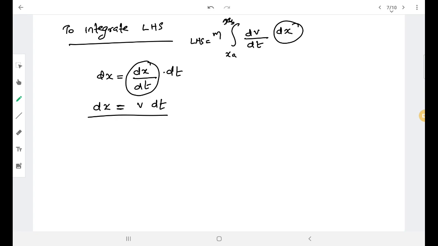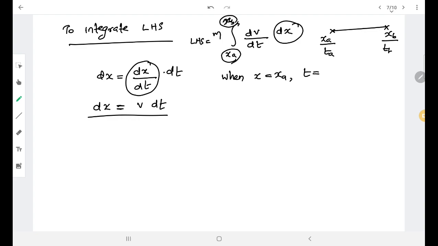In the substitution method, we have to replace the lower and upper limits also. That means if we substitute one variable, the upper and lower limits will change. So what will be the change? When x is equal to xa, that is the lower limit, what will be the time variable? This is our position xa and this is our position xb. At position xa the time is ta, and at position xb the time is tb.